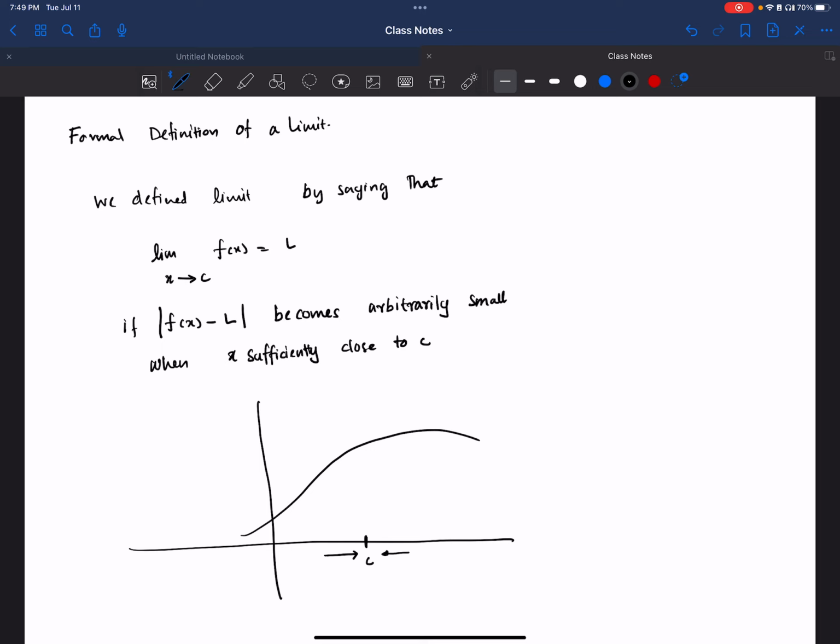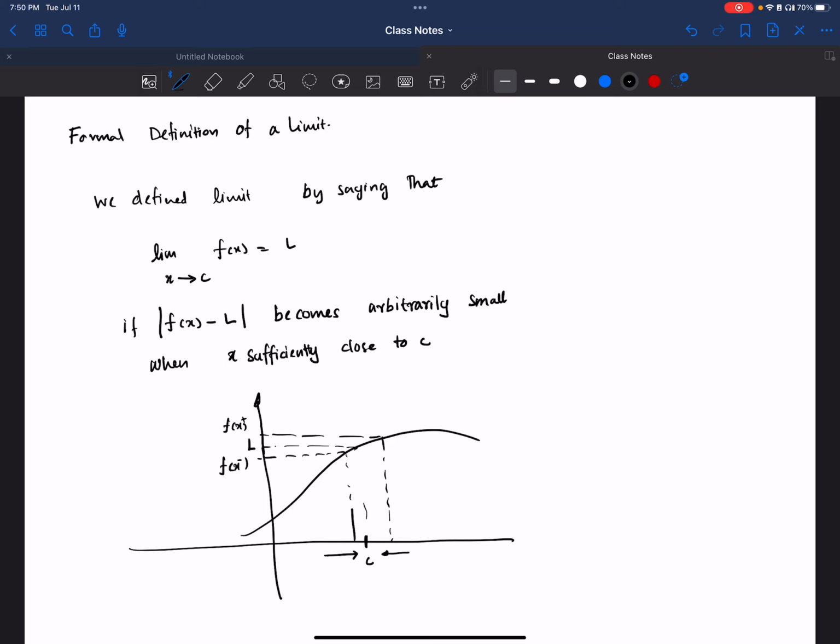That means in this interval, you have f of x negatively here and f of x positively here, and this is where that limit L is at.